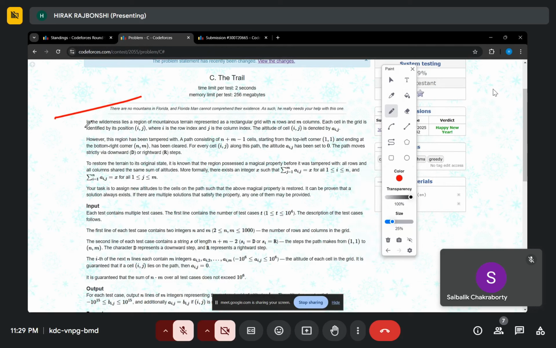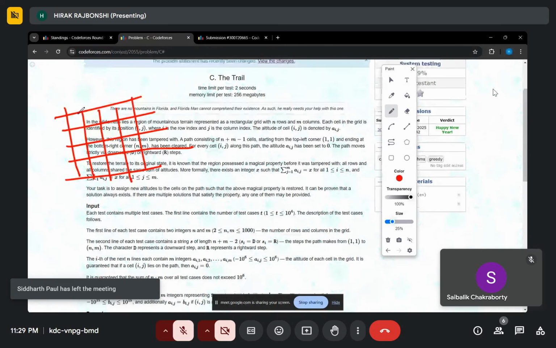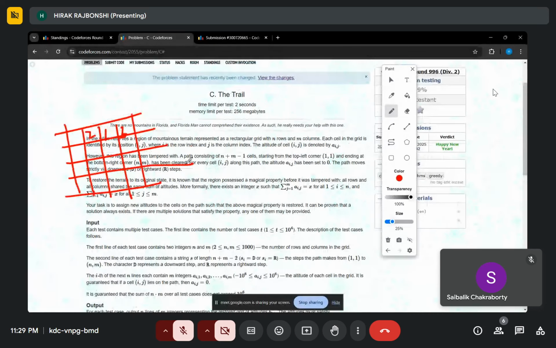Okay, basically this is a grid of n times m. Each cell is a mountain, and the height of every mountain is given, like 2, 1, 3.